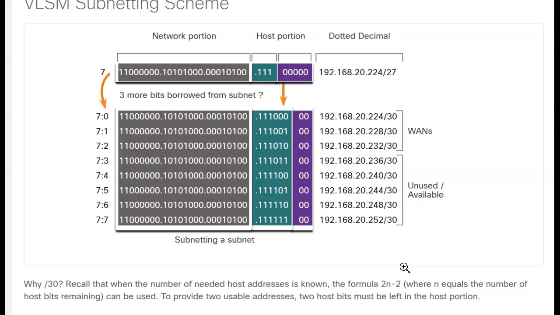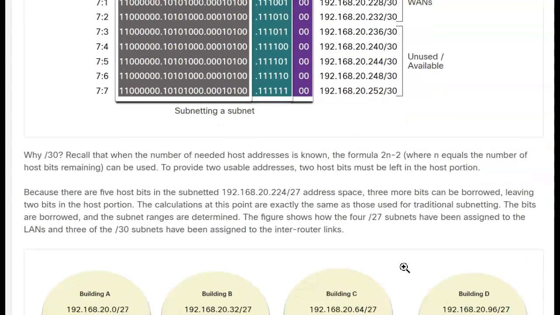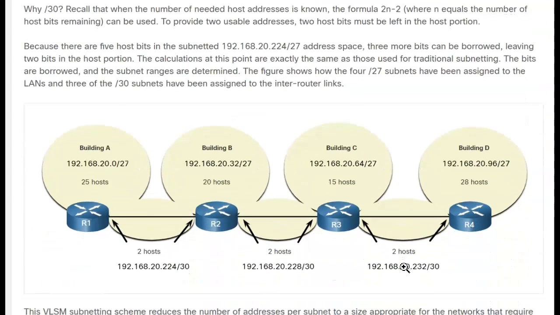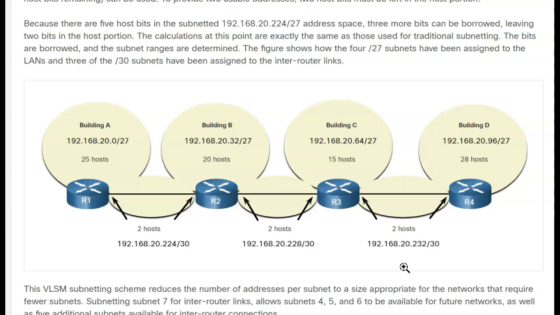/30 is perfect when I'm talking about router-to-router communication, because it's 2 to the n minus 2. Since I only have to worry about 2 additional host bits, subtract 2 gives me that I'm only using 2 hosts. So in a perfect world, variable length subnet mask allows me to subnet the subnets.